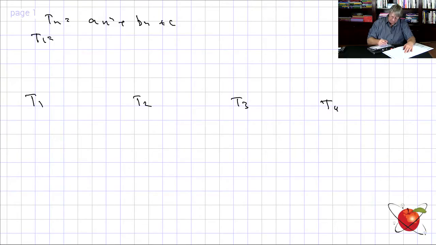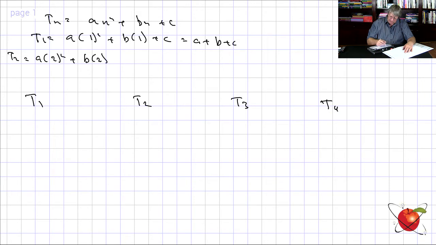Now, remember, for T1, n is 1. So it's going to be a times 1 squared plus b times 1 plus c, correct? So that's going to be equal to a plus b plus c. T2 is going to be a times 2 squared plus b times 2 plus c.